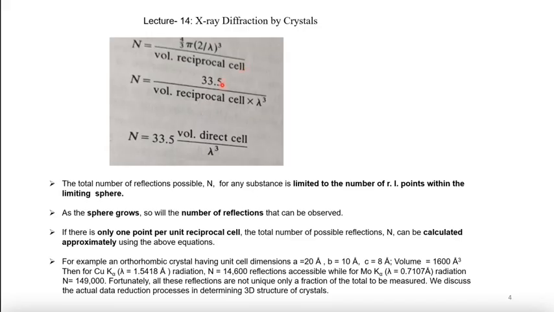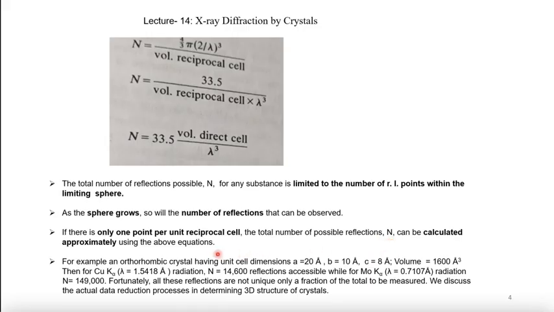So we can get it from the volume of the reciprocal cell as well as the volume of the direct cell, as the number of reciprocal lattice points within the limiting sphere. As the sphere grows, more reflections can be observed. If there is only one point per reciprocal cell, the total number of possible reflections can be calculated approximately.